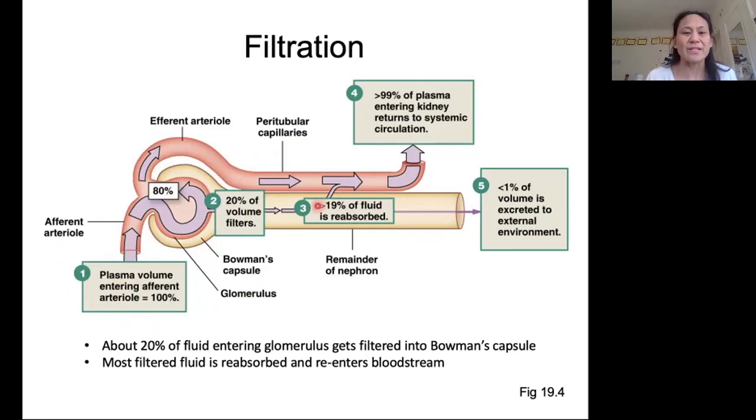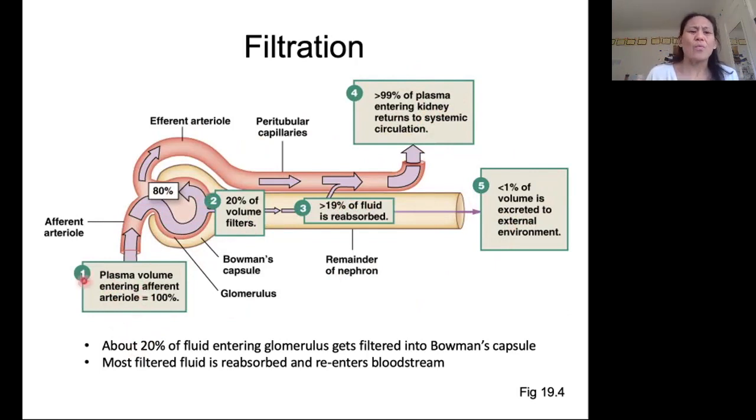So more than 19% of this original 100% is getting reabsorbed into the peritubular capillaries, which means that overall, over 99% of the plasma that enters the kidney ends up back in the circulation, okay? So we have a very small amount that actually gets excreted to the external environment as urine, okay? So that's the main point of this diagram, to show you that almost all of the fluid that comes into the kidneys actually gets reabsorbed.